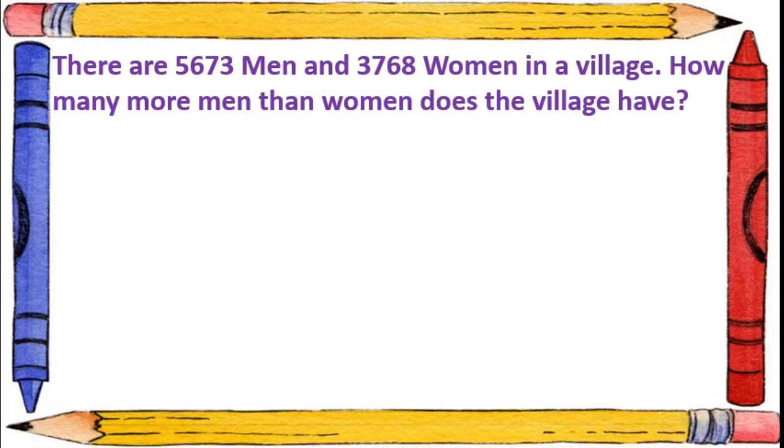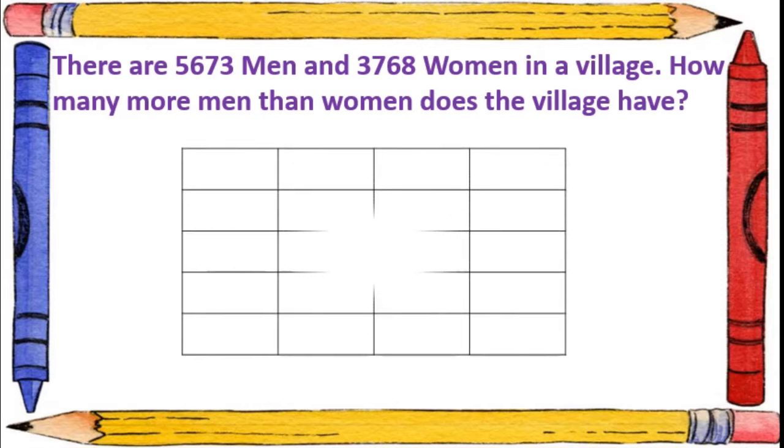Okay, now we will solve this. This is a table. We will write the places: units, tens, hundreds and thousands. Okay, we will write the number of men, 5,673. We will begin with the unit place: 3, 7, 6, 5.